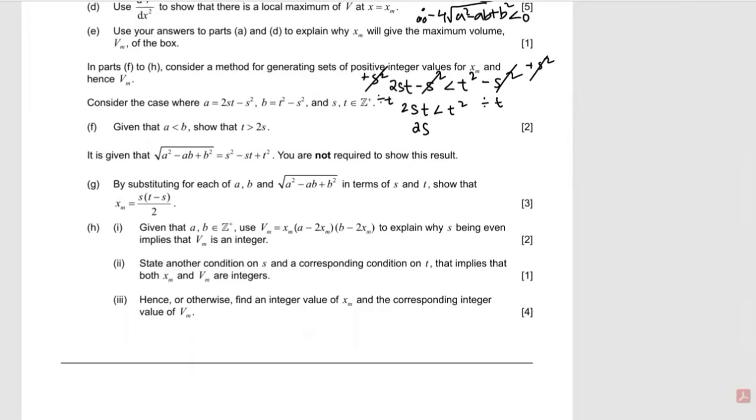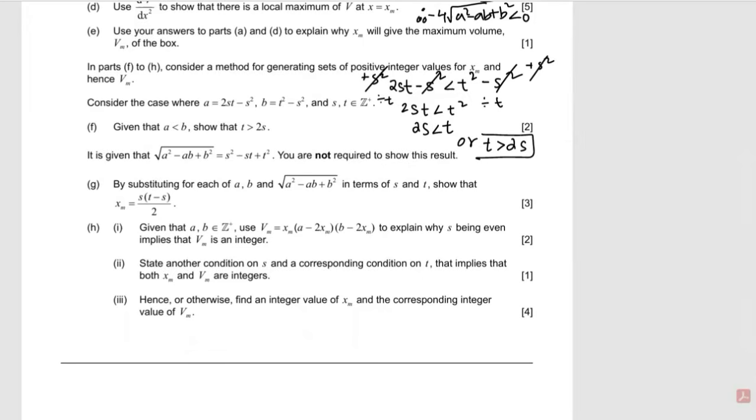So 2s will be less than t, or you can say t is more than 2s. This is shown. So if these are positive integers, whatever you take for s, double of that is going to be smaller than t, right?